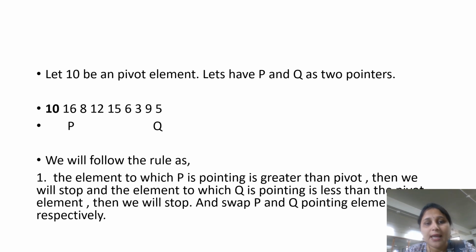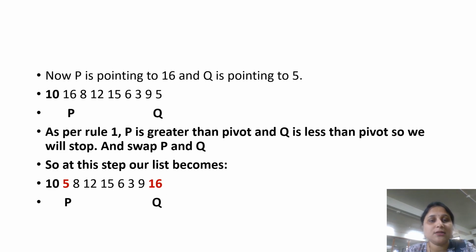And for Q, the rule is: if the element to which Q is pointing is less than the pivot element, then we will stop moving, else we will keep on moving. Okay. Once we stop for P and stop for Q, we will swap these two elements respectively.